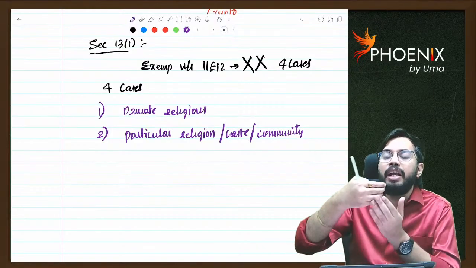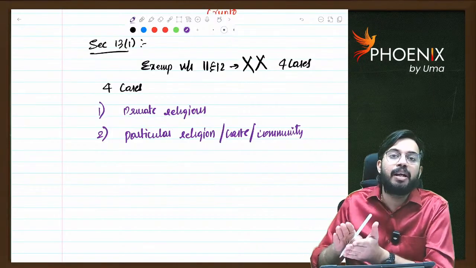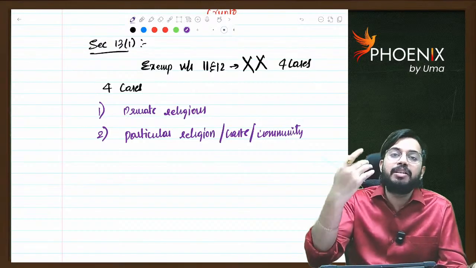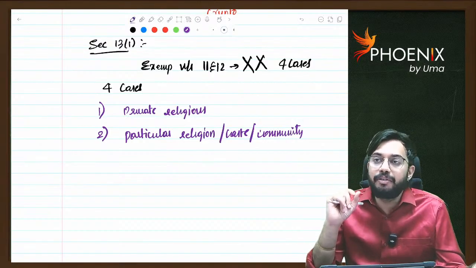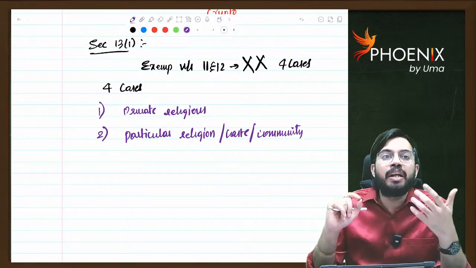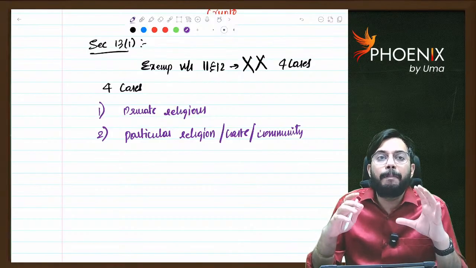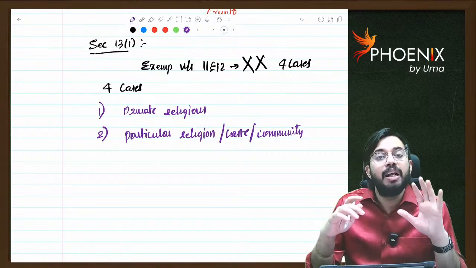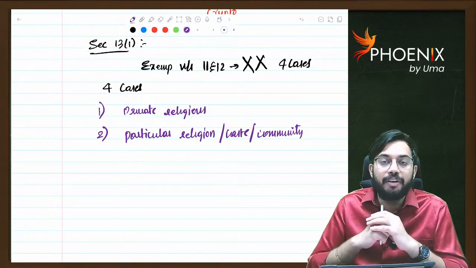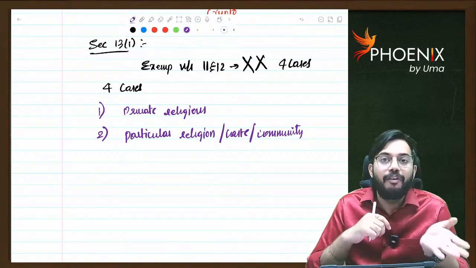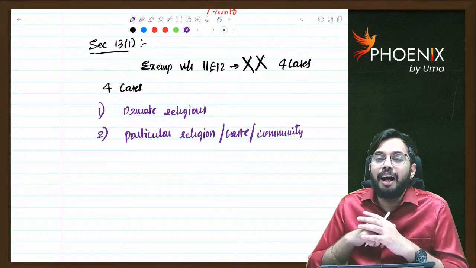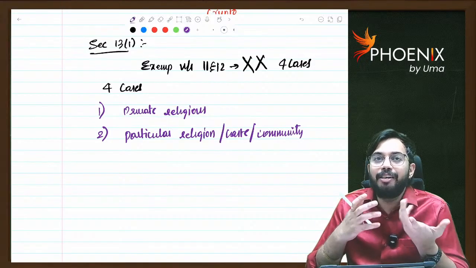So if you create any trust for a particular religion, particular caste, particular community, the trust is not eligible for section 11 and 12 exemption. But if you create any trust for orphans or widows or for particular backward people, then the trust is eligible for 11 and 12 exemption. Now, Varun is asking, sir, only for widows?